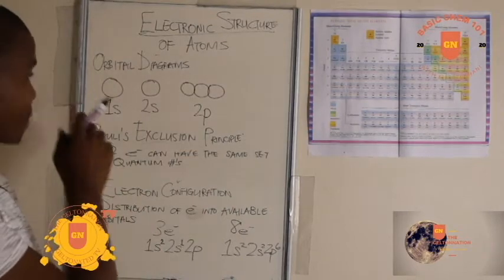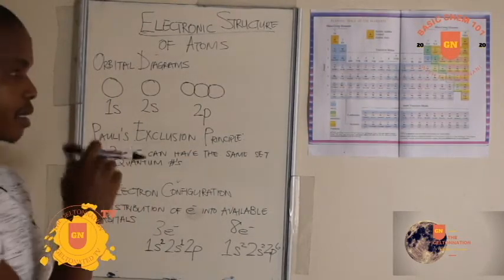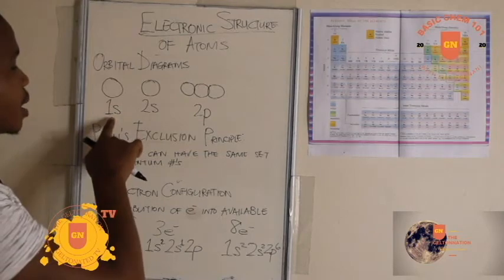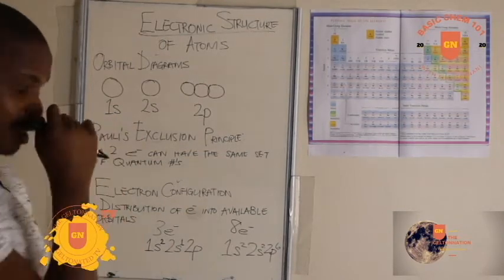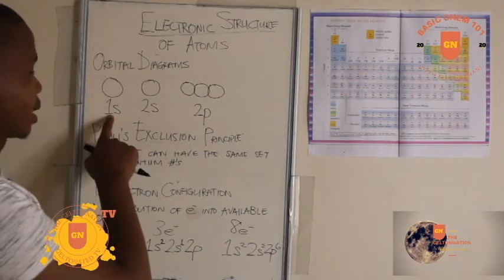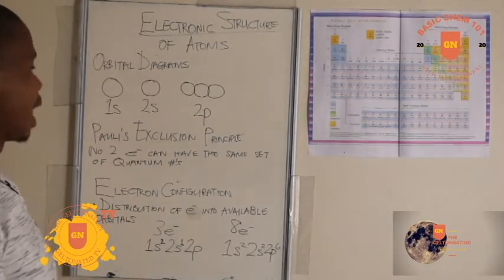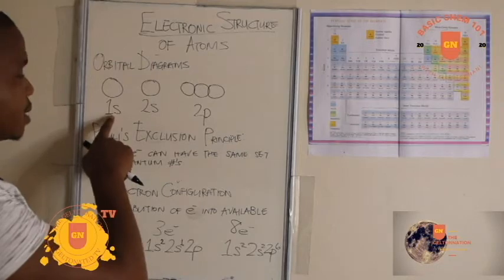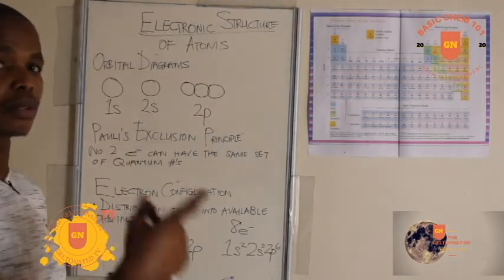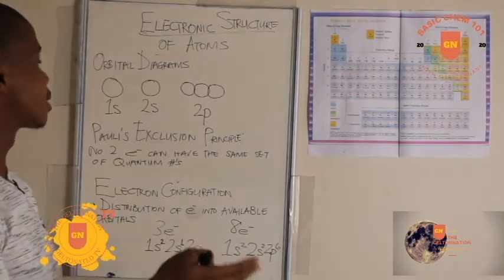So here you have 1s, so quantum number n here is 1, and then your quantum number L will be 0, because it starts from 0 to n minus 1.